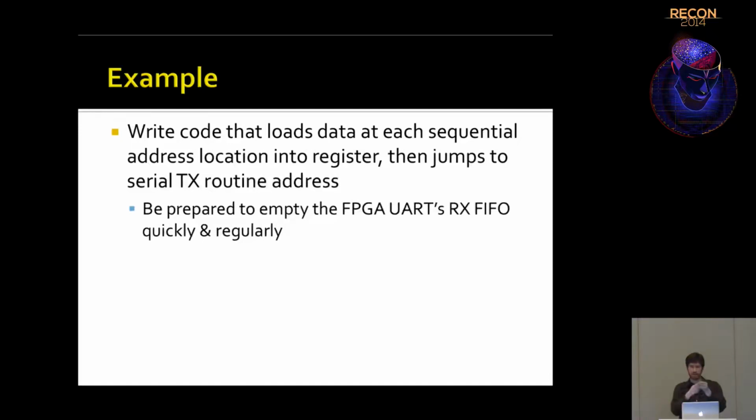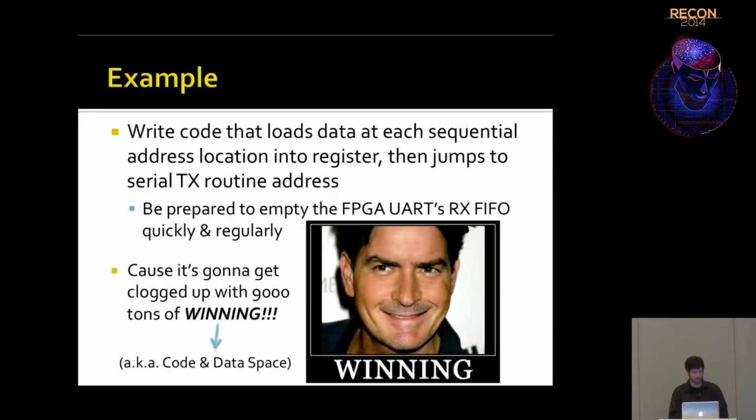Let's say if it's Motorola, it's the A accumulator or B or whatever if it's an older CPU core, and then it dumps that byte of memory through the serial transmit routine. And pretty much at this point, you have to be prepared to empty the FPGA UART's receive FIFO, because it's going to get clogged up with 9,000 tons of winning.